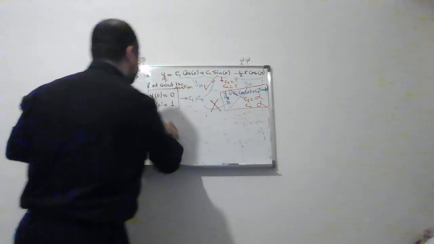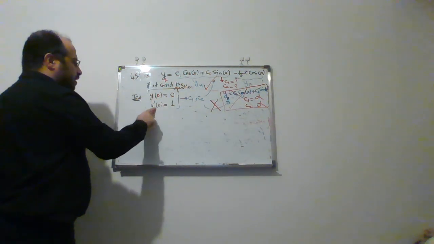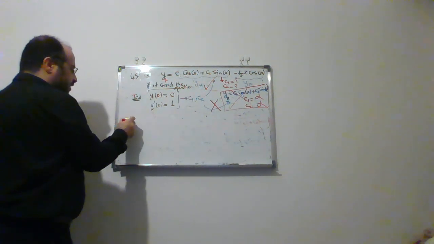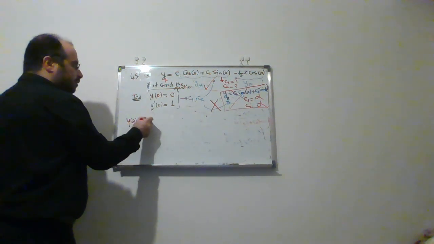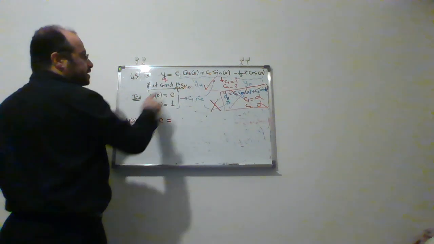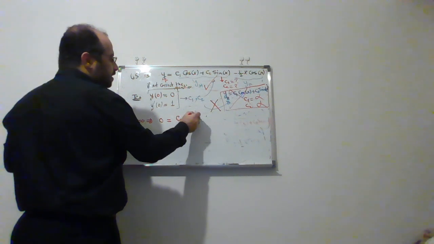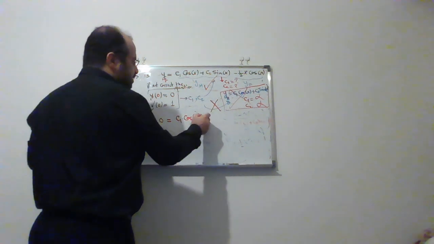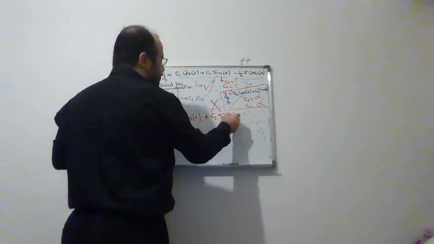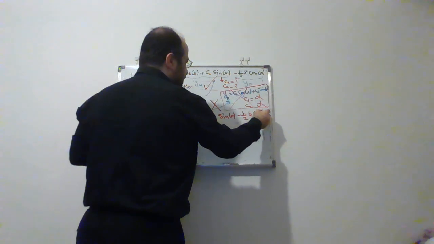Okay, so let me now plug in 0, so y of 0 equal 0. Then I get C1 cosine of 0 plus C2 sine of 0 minus half times 0 times cosine of 0, right?